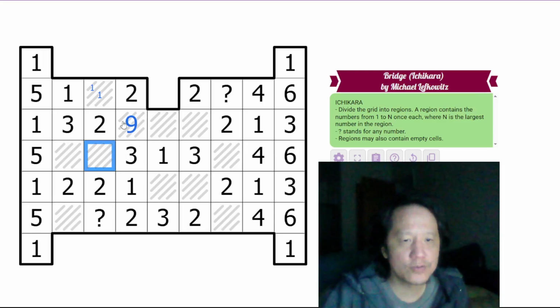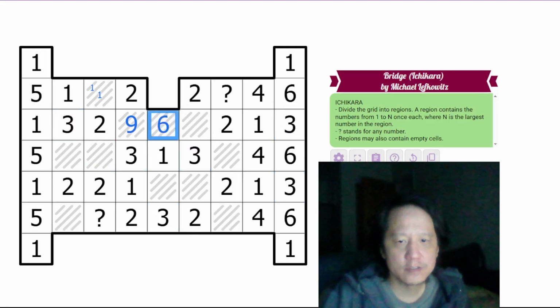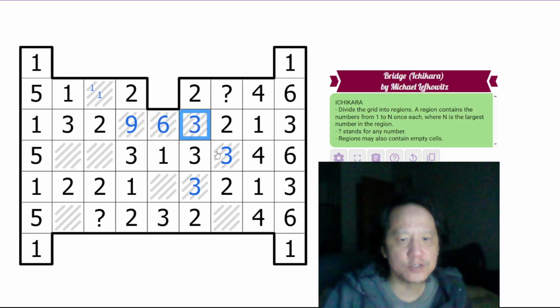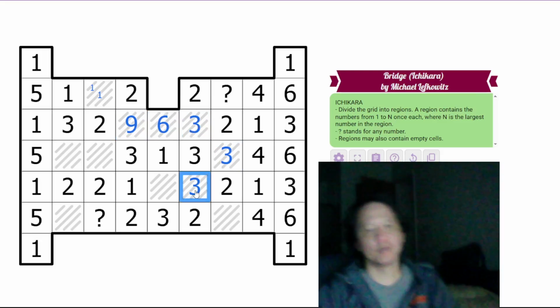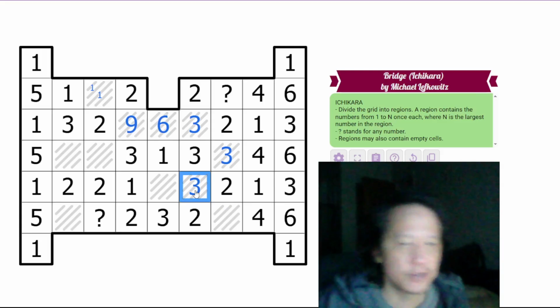How many 3s? 1, 2, 3, 4, 5, 6. So 6 3s. 3 4s. How many 5s? 3 5s. And 3 6s. Okay. So 11, 9, 6, 3, 3, 3. We are guaranteed 3 regions at least with 1 through 6.